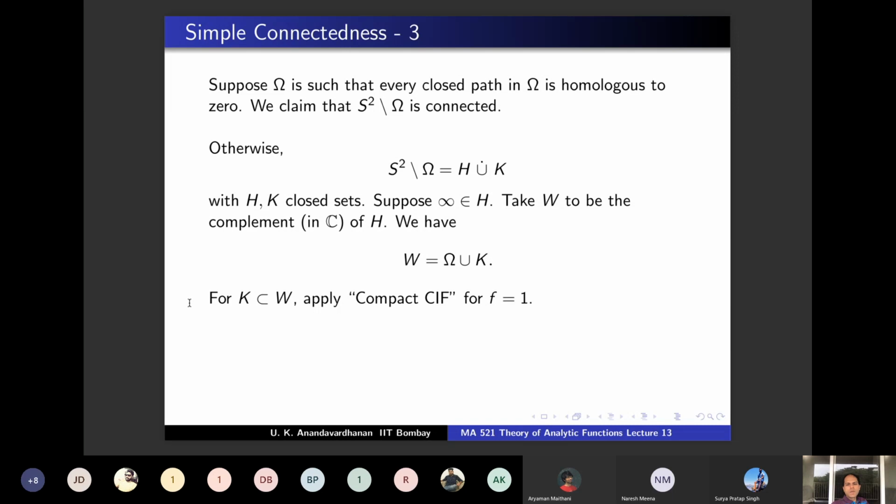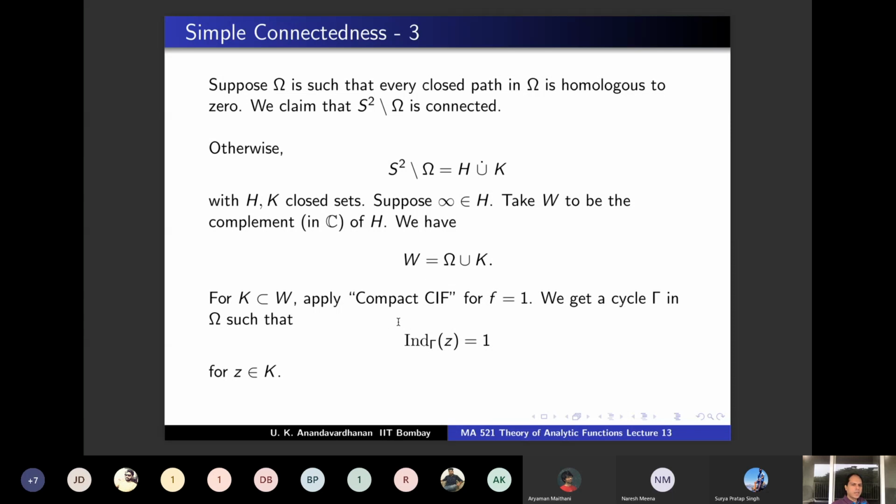Okay, so what will you get? You will get a cycle gamma in W minus K. Compact CIF, the point was that you can choose a cycle in W minus K. So we get a cycle in W minus K, which is omega. You get a cycle in omega such that index of z is 1 for z in K. Actually you are not using the final statement of compact CIF, you are only using the proof of compact CIF.